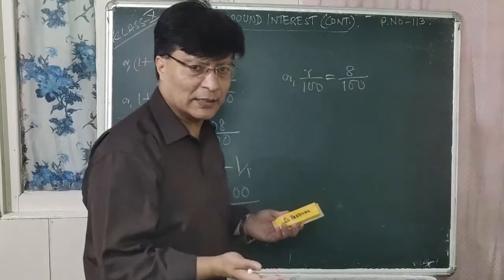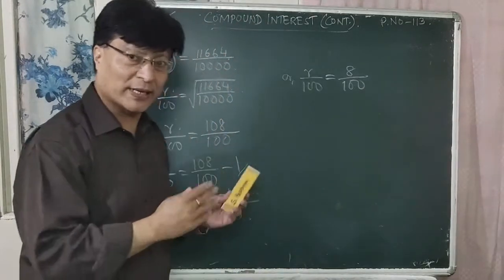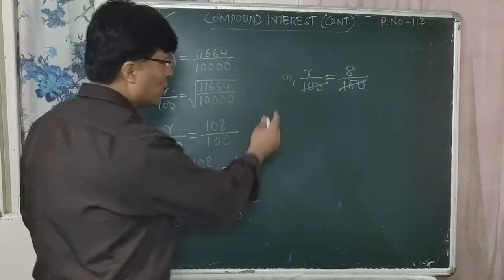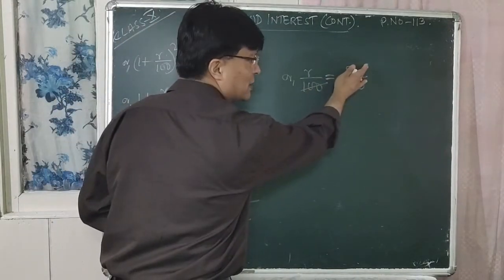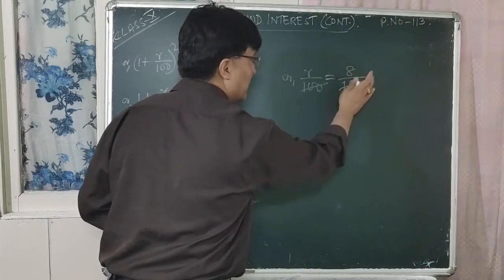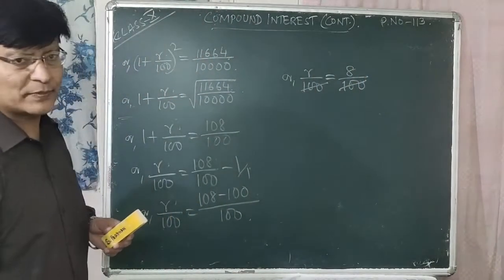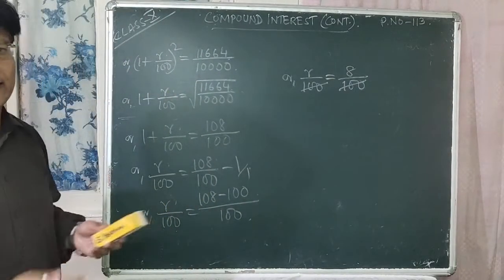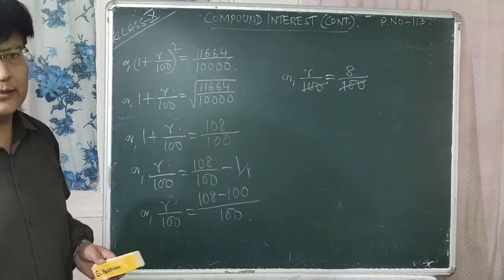Both are in the denominator on both sides. You can cancel them, isn't it? So 100, 100. How is it cancelled? If you cross multiply by 100, you will get 8 into 100, and this 100 and this 100 will be cancelled. So you can cancel here also. Both are in the denominator. You can cancel that 100 which are in the denominator.